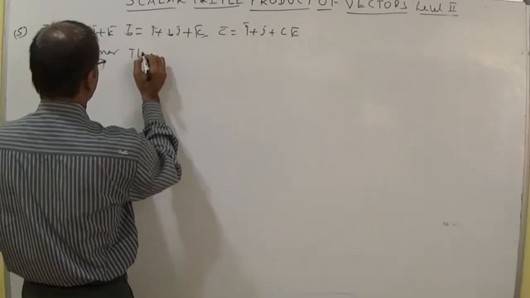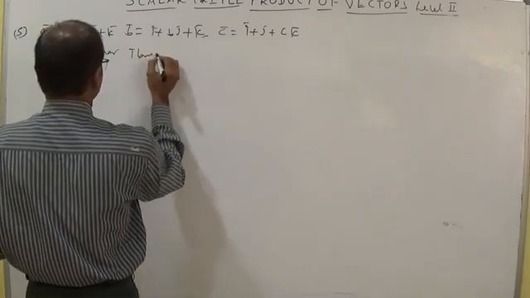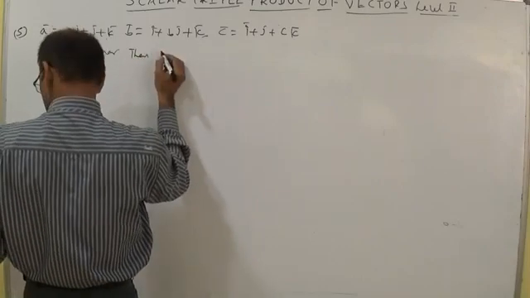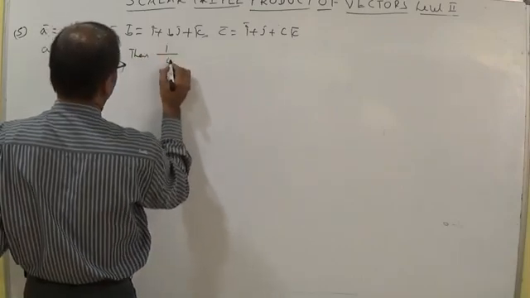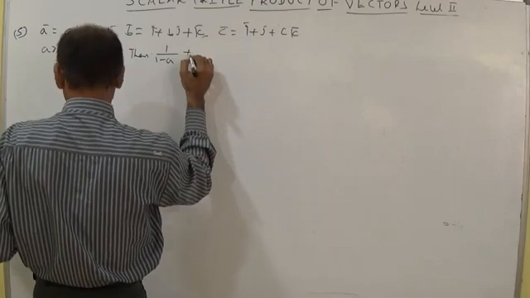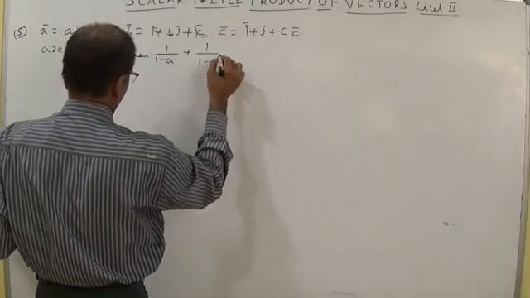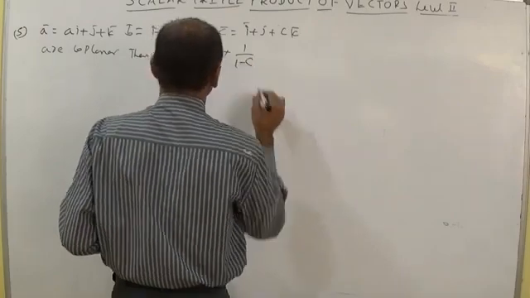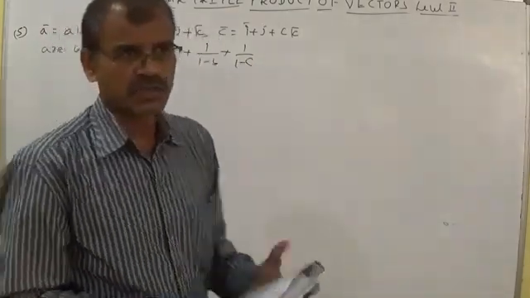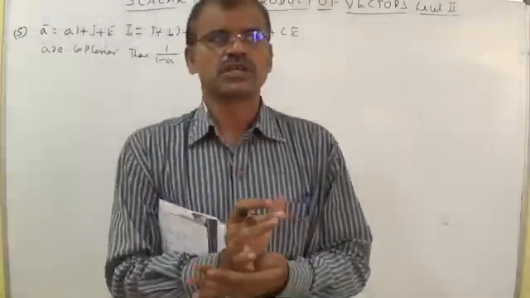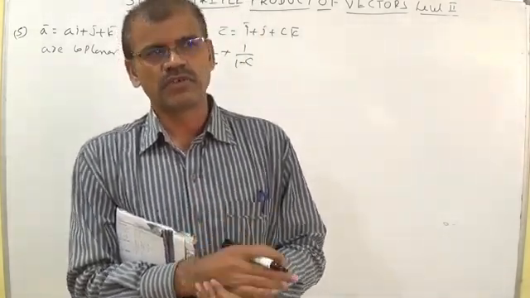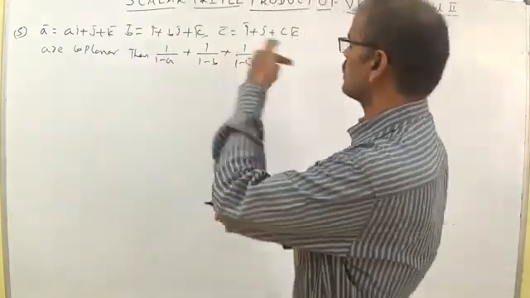then you should calculate the value 1 by 1 minus a plus 1 by 1 minus b plus 1 by 1 minus c. In Deepthi, Singh, Arihant, wherever you search, you can find this question.